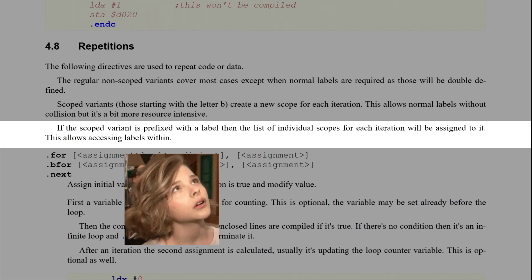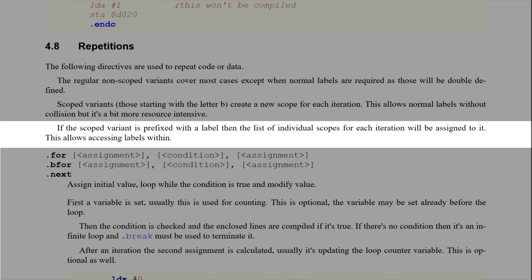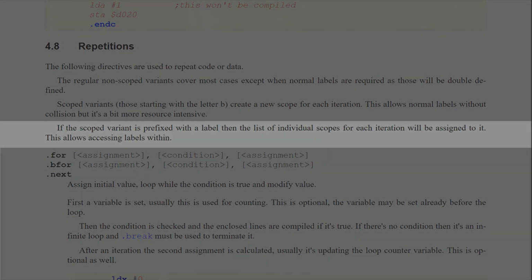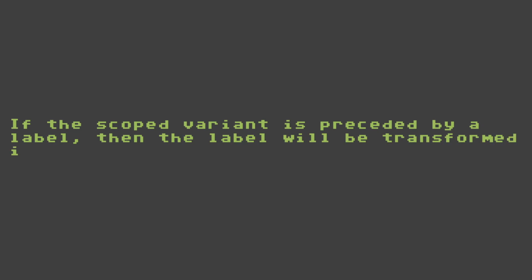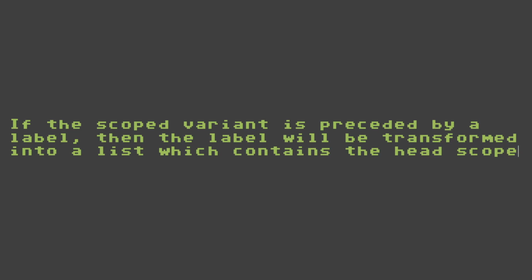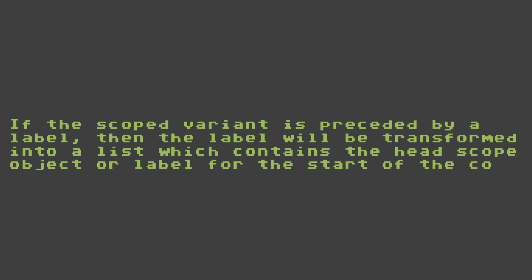Okay. It's not Soci's fault. He's not a native English speaker, and this is a rather difficult thing to convey. Now that I know what it does, let us rework the sentence. If the scoped variant is preceded by a label, then the label will be transformed into a list which contains the head scope object or label for the start of the contents of each iteration.